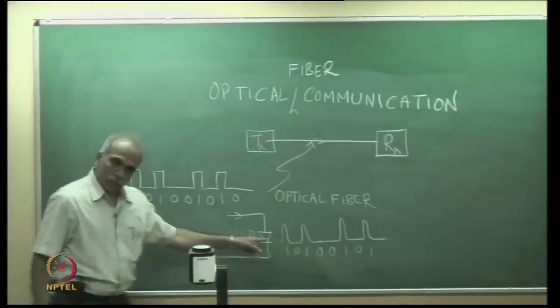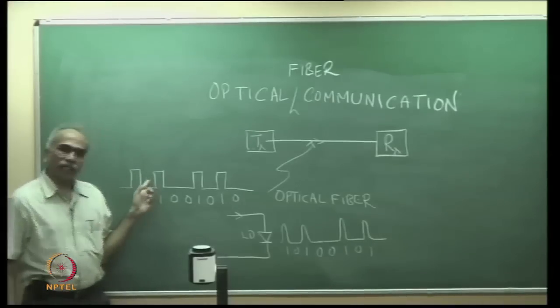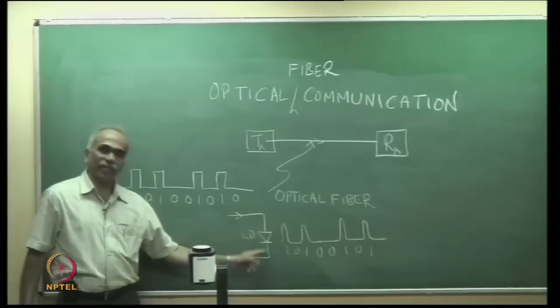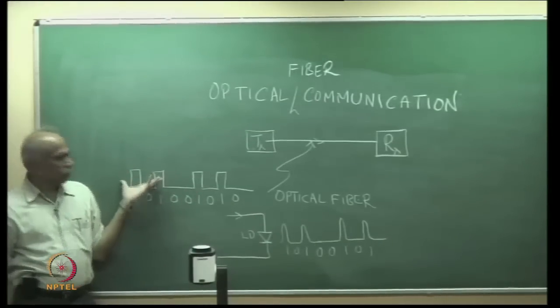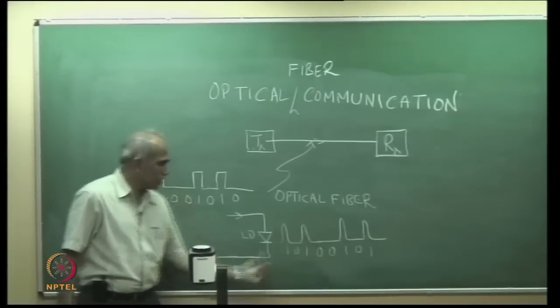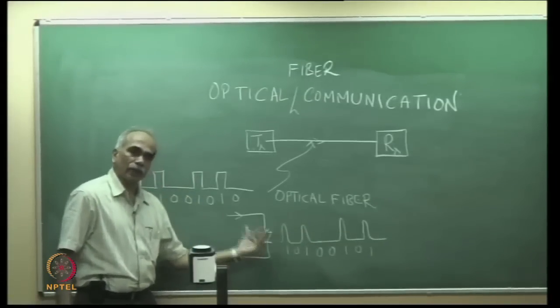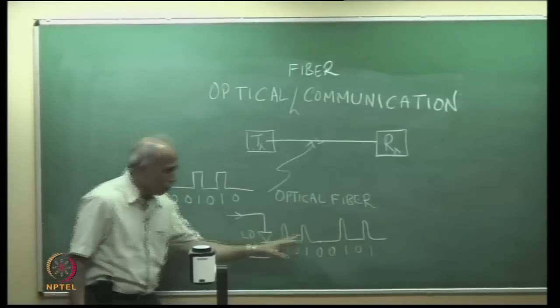So the laser diode is giving optical pulses. The bias current is modulated by the digital stream, which modulates the laser output, which means the laser diode gives out light, no light, light, no light.